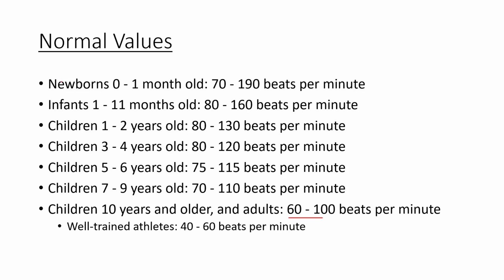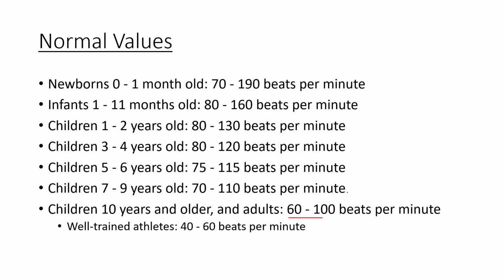In younger patients or in children below 10 years of age, their heart rate ranges are going to be a little bit higher. That's because the heart is still sort of growing as you're a kid, and it's smaller compared to an adult heart. So again, going back to cardiac output, if your stroke volume is smaller, like it is as a kid, with a pediatric heart, to get the same amount of cardiac output, the heart rate has to be a little bit higher.